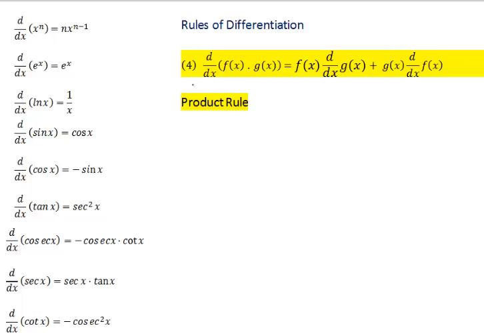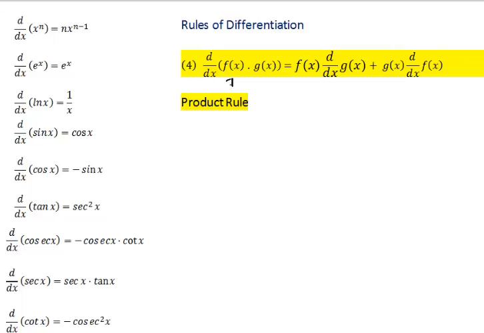Now let us discuss the fourth rule of differentiation, which is called the product rule. It says if you are differentiating a function which appears as a product of two functions fx and gx, so fx into gx, then the differentiation is equal to fx into differentiation of gx plus gx into differentiation of fx.